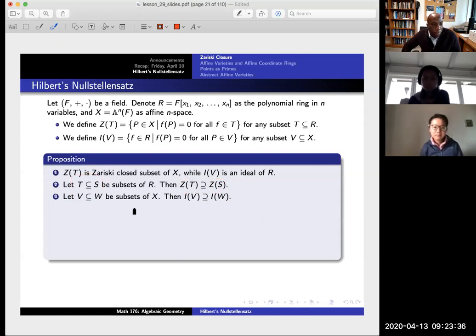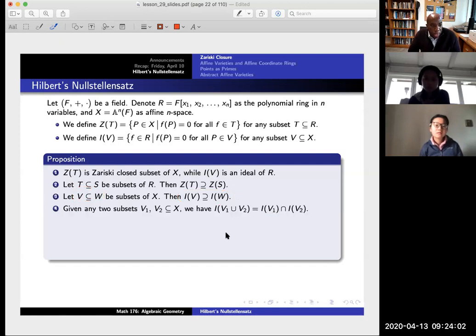Similarly, let's say that I have 2 subsets of X, and let's say that W is larger than V. Then I of W is smaller than I of V. Remember, in this statement, everything is an ideal. So now we're saying that the ideal I of W is smaller than the ideal I of V.